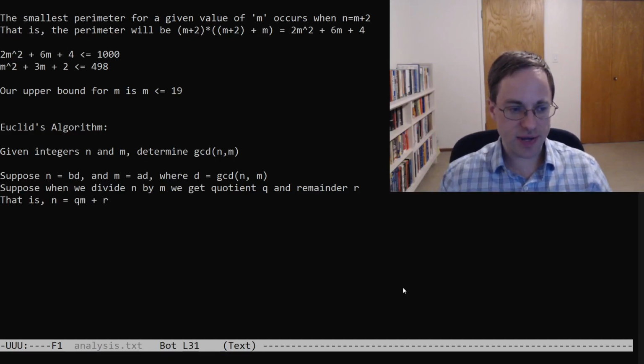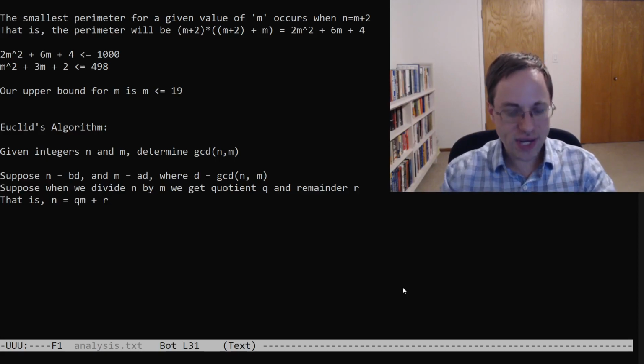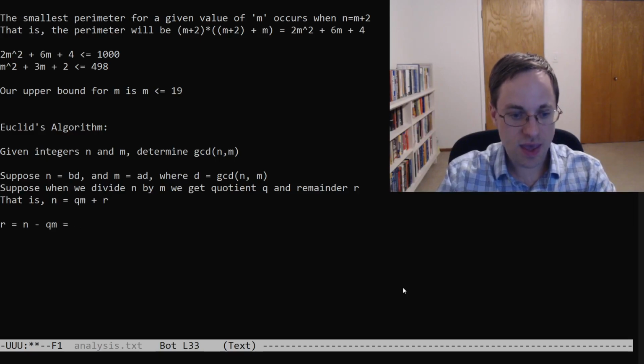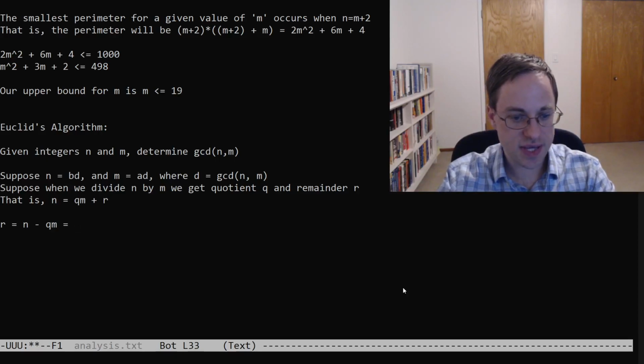r. And it might not seem obvious how any of this is useful, but wait until we do a little bit of rearrangement and some substitutions. We see r is equal to n minus qm, and substituting in our definitions for n and m, we're going to get bd minus aqd.